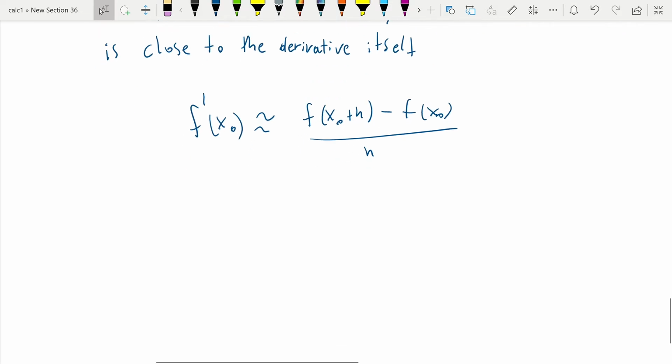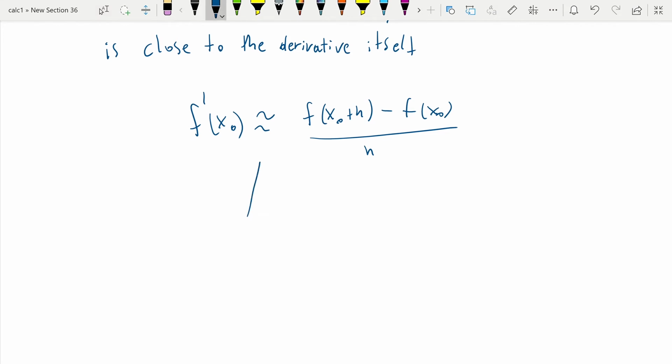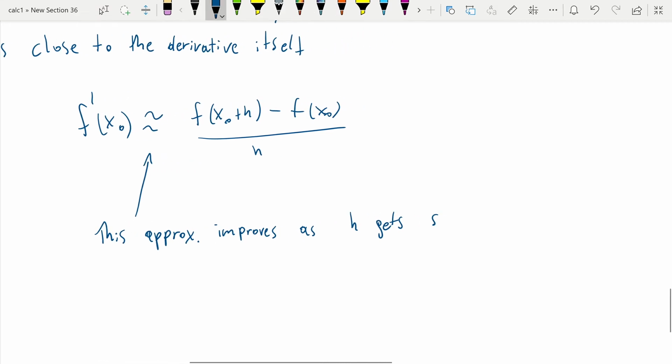So this approximation here improves as h gets smaller.